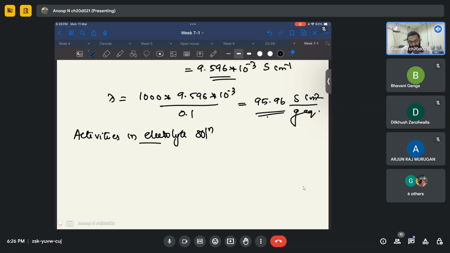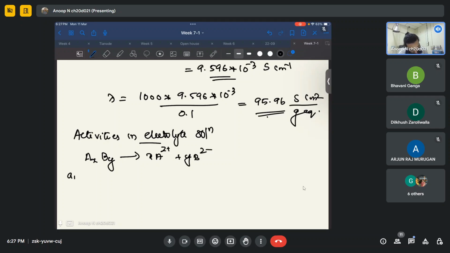So we'll consider a reaction AX. I won't be deriving it fully, but I'll go through the important equations which may be needed to solve the problems. A_xB_y gives x A raised to z plus, y B raised to z minus.